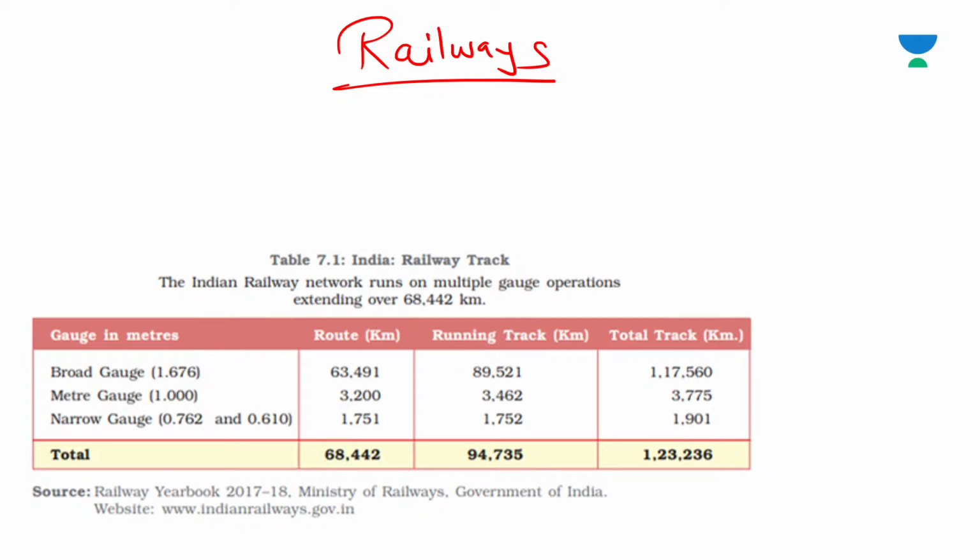So in land, the second means of transport is railways. Now friends, railways are the principal mode of transportation for freight and passengers in India.